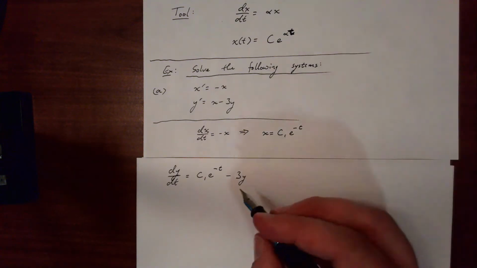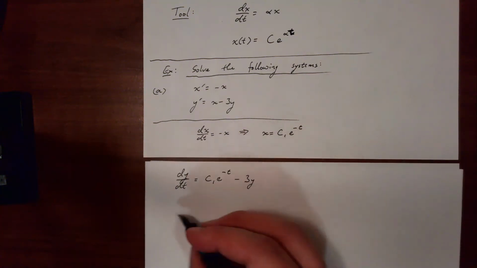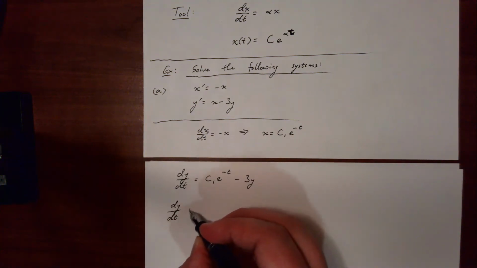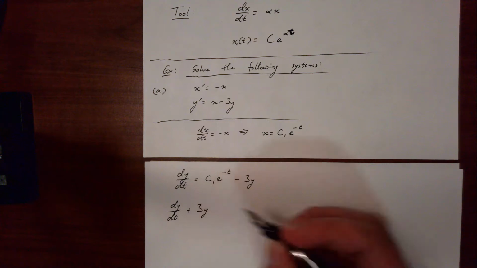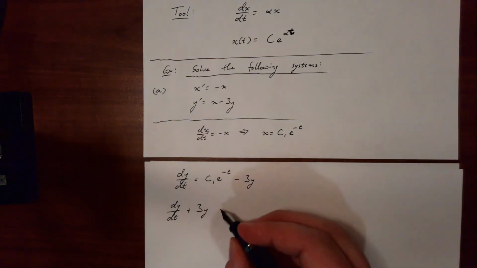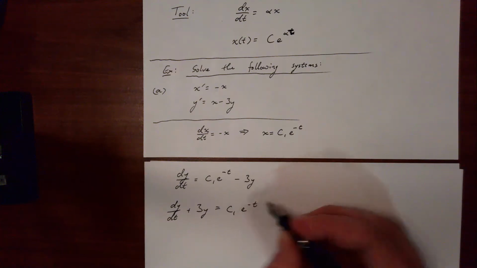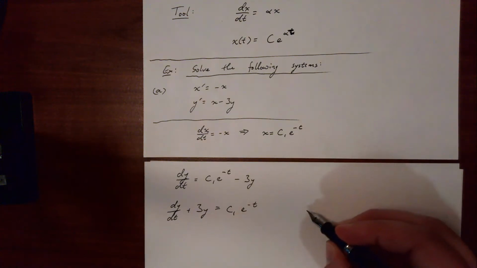And then if we were to rearrange this, we'd have dy dt plus 3y is equal to c1 e to the negative t, which is linear.